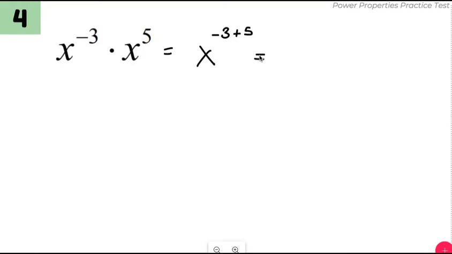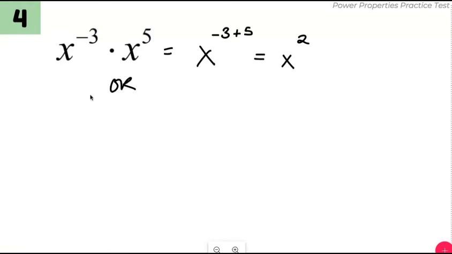So write out the work. Writing this one little step here will help your brain organize and focus and see that the answer is x to the second power. Trying to calculate things in your head, our brains start doing crazy things on quizzes.